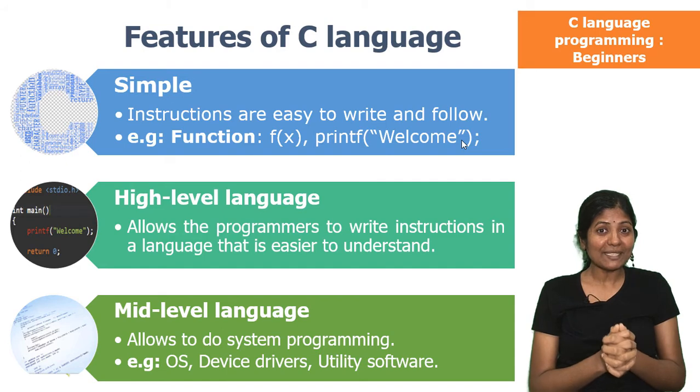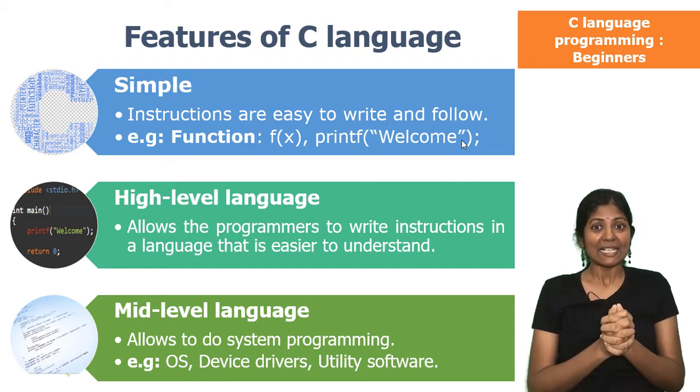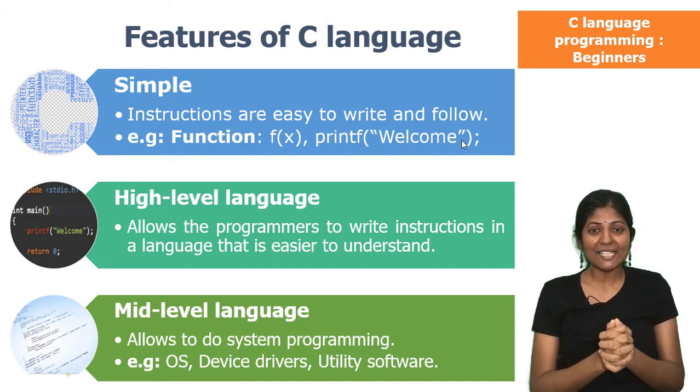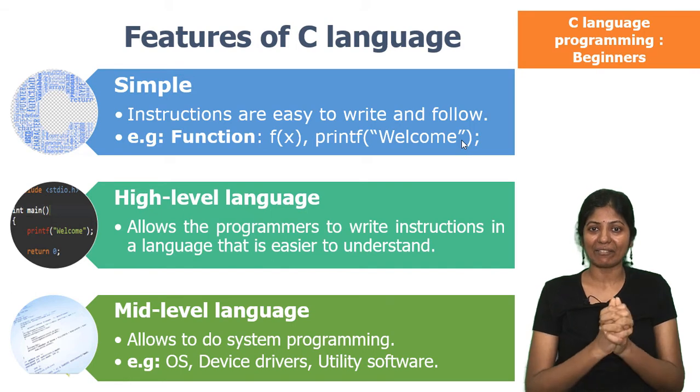Do you remember the introduction of C program? Unix was the first operating system implemented using C language other than assembly language. So, using C, we can develop system softwares. That's why it is called mid-level language or middle-level language.